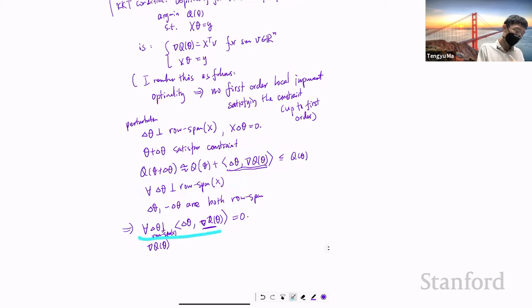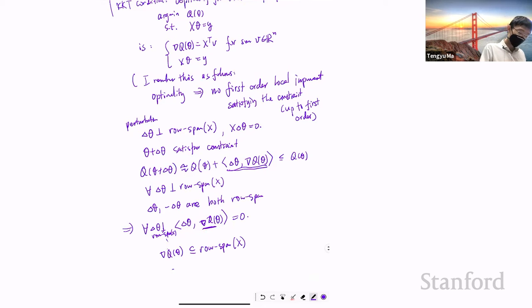And that really just means that this vector is orthogonal to every delta theta in this subspace, so this vector is in the complementary subspace of the subspace of delta theta. So that's why this vector, the gradient of Q at theta, needs to be in the row span of X, so that for every vector delta theta orthogonal to the row span, their inner product is 0.